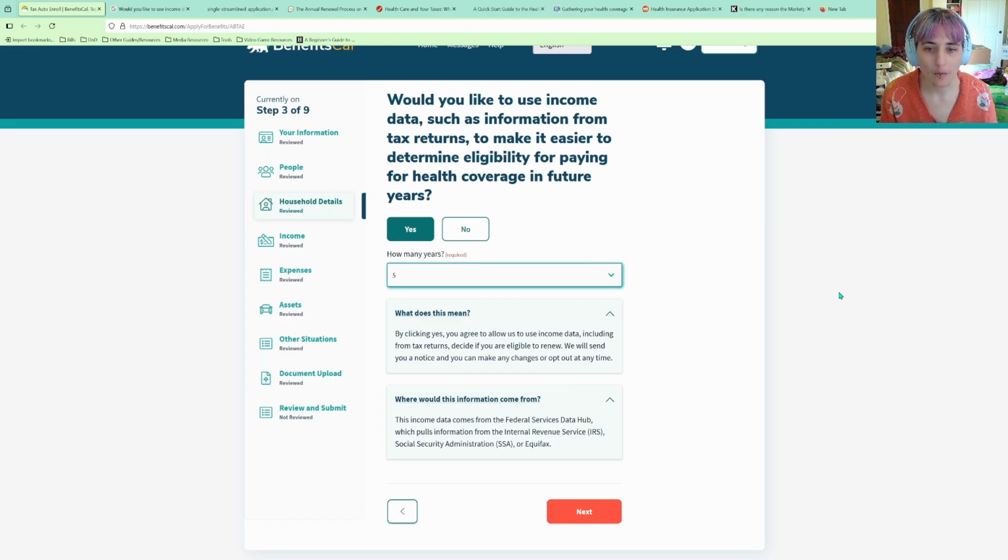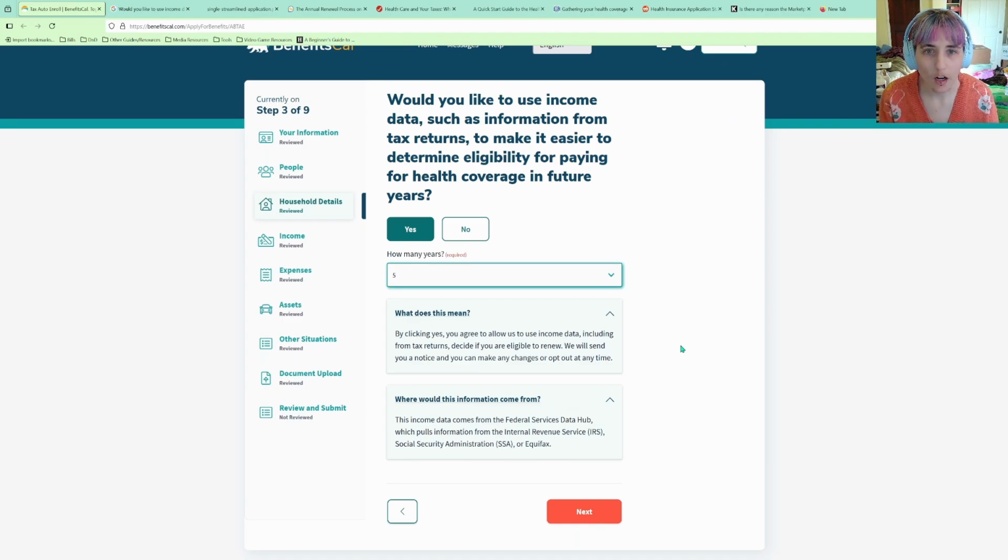Basically, what this means is they use your income data from when you file taxes to determine if you can automatically renew coverage for Medi-Cal or if you are not eligible anymore. So from what I've found, you can use this, and it's most recommended for people who have similar sources of income from year to year, or their income doesn't change that much.